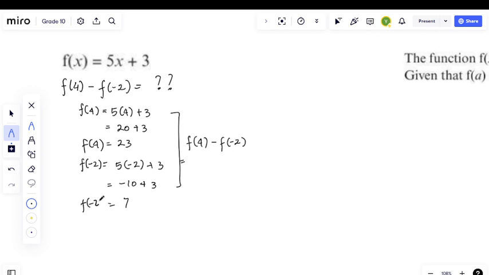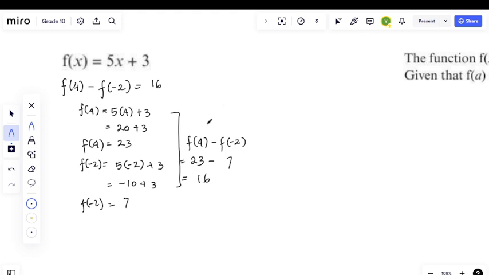As for f(negative 2), it's negative 7. So just change it. Jadi karena kita tahu f(4) itu 23, ganti aja f(4) di baris berikutnya diganti 23. Dikurangi f(negatif 2)-nya diganti angka negatif 7. Sehingga hasilnya 30. Okay, so we have these expressions, it's 30.